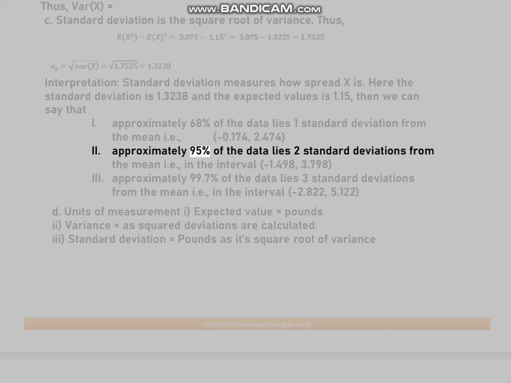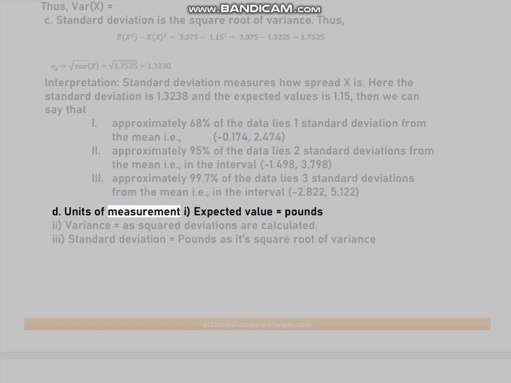Approximately 95% of the data lies within two standard deviations of the mean, i.e. in the interval minus 1.498 to 3.798. 3. Approximately 99.7% of the data lies within three standard deviations of the mean, i.e. in the interval minus 2.822 to 5.122.